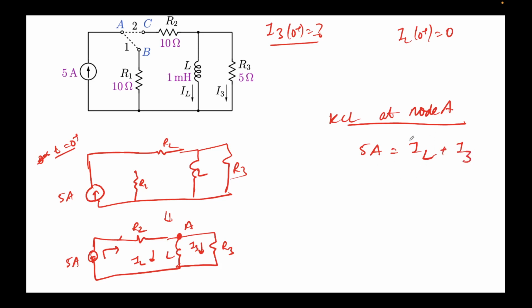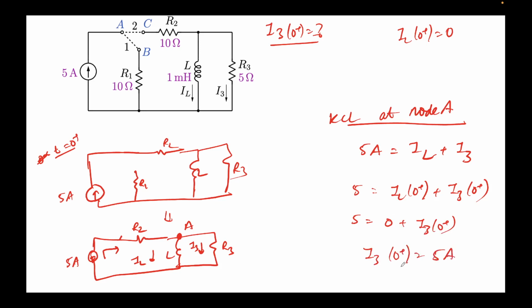Writing this at t equal to 0 plus, 5 equals IL at 0 plus plus I3 at 0 plus. IL at 0 plus is 0, we saw that, plus I3 at 0 plus. So I3 at 0 plus should be equal to 5 amps. To put it in simple words, whatever current is being provided by this current source, all of it will flow through this resistor and no current will flow through the inductor.